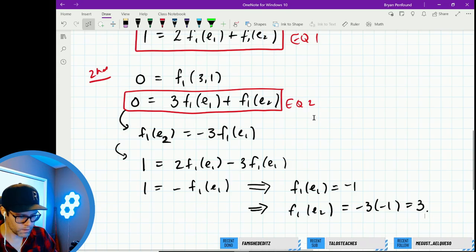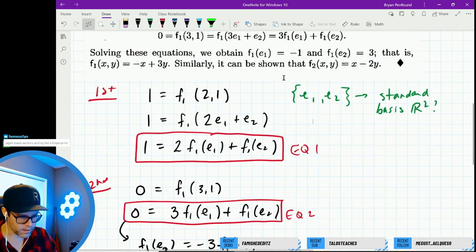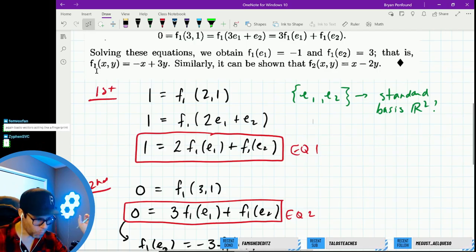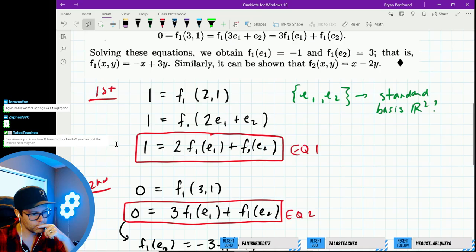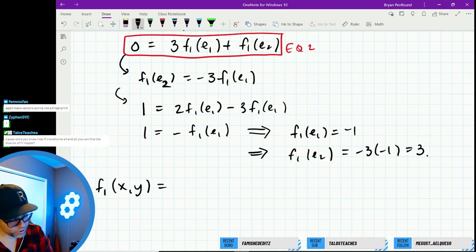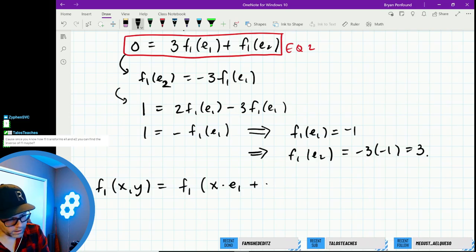Cool. Okay, so how do they use that information? So that makes sense. So they got negative 1, they got 3. Yes, I understand that. That is, F1 at any input vector is really negative x plus 3y. Okay, let's see if we can construct that. So F1 at any input vector should be equal to F1 of x copies of E1 plus y copies of E2, right?